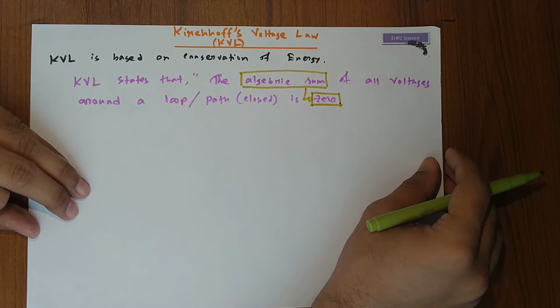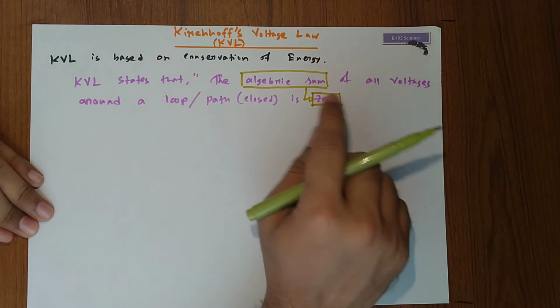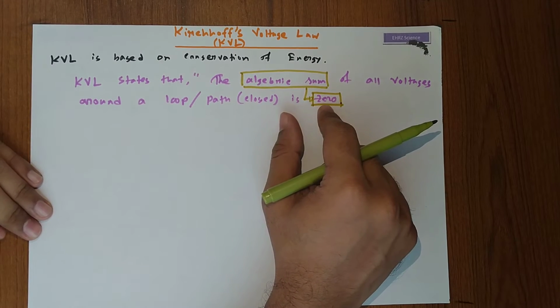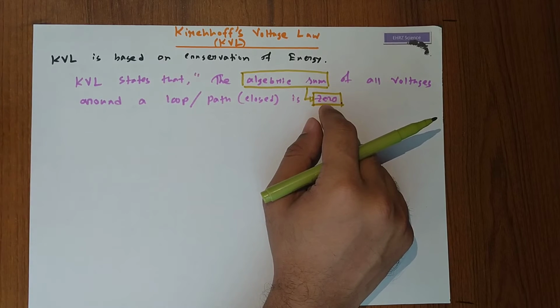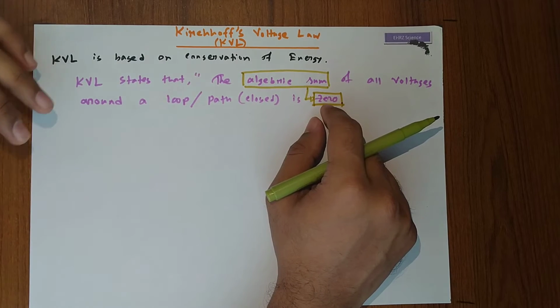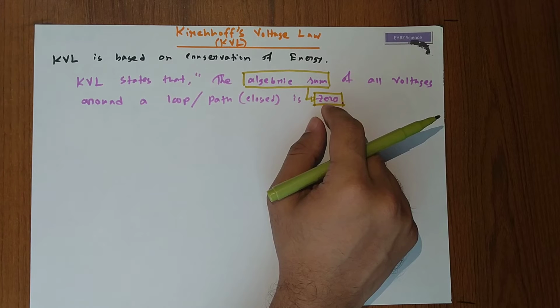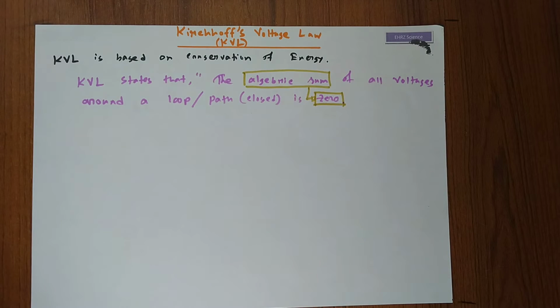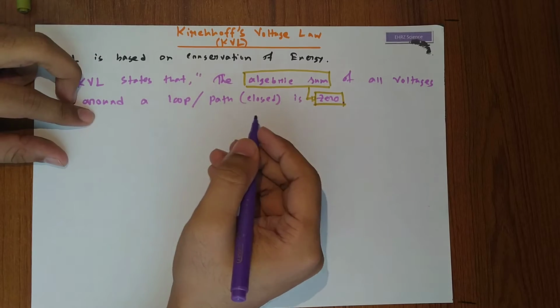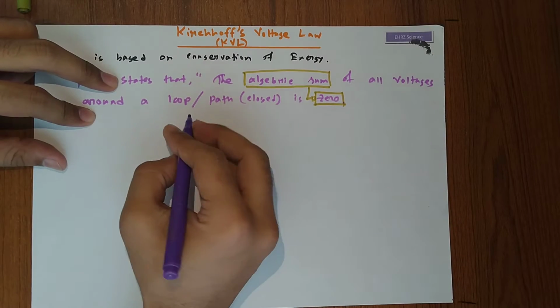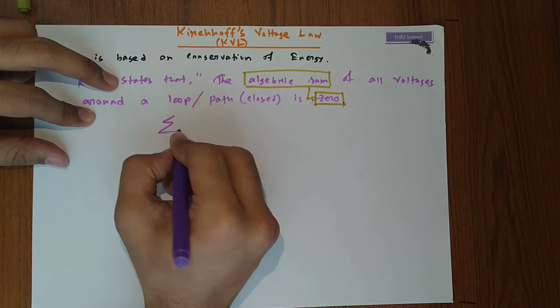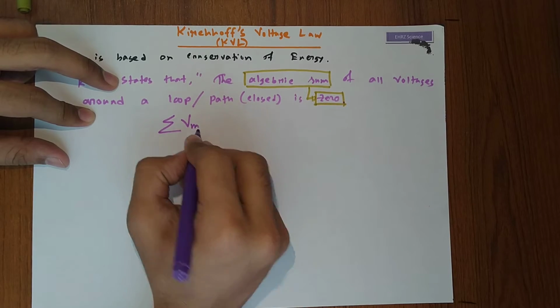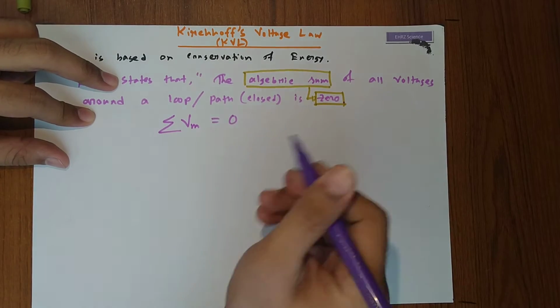In my last presentation, I explained that algebraic sum equal to 0 means if you are adding two or more quantities, some of those quantities have a positive sign and some of those quantities have a negative or opposite sign. Mathematically, Kirchhoff's voltage law can be written as summation of Vm is equal to 0.